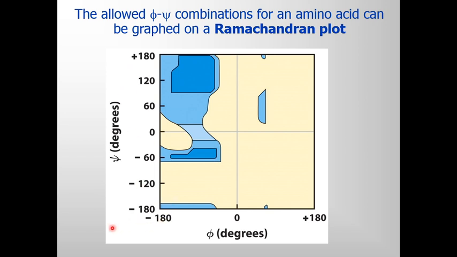Now this was first introduced by the scientist G. N. Ramachandran, and this was deemed very useful for predicting the three-dimensional protein structures and the secondary elements in the three-dimensional protein structures that are allowed and disallowed.